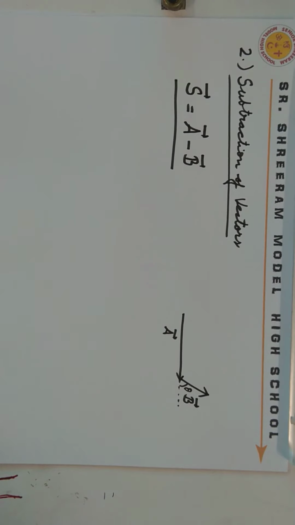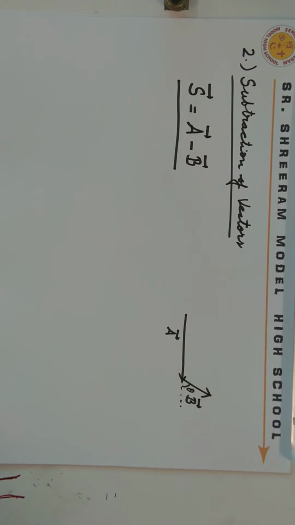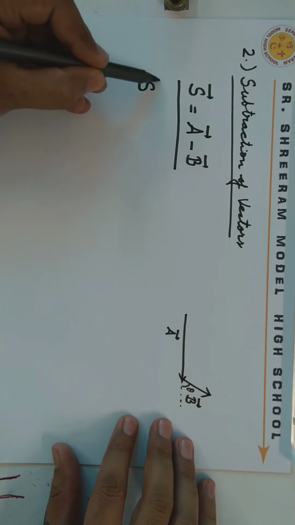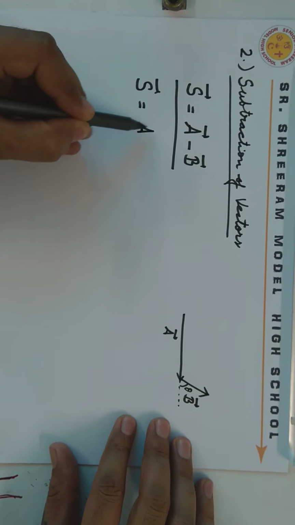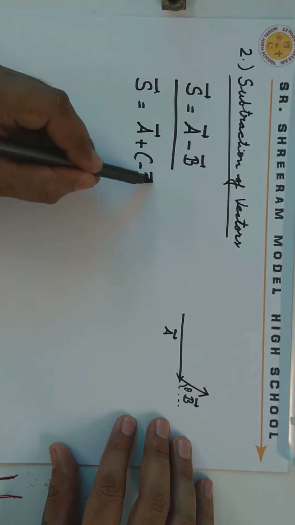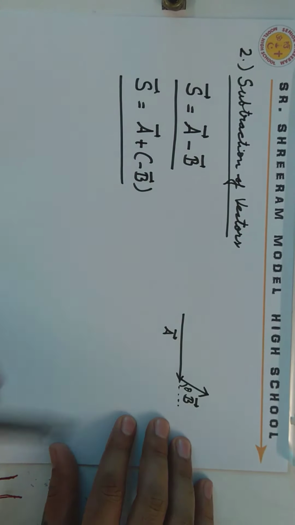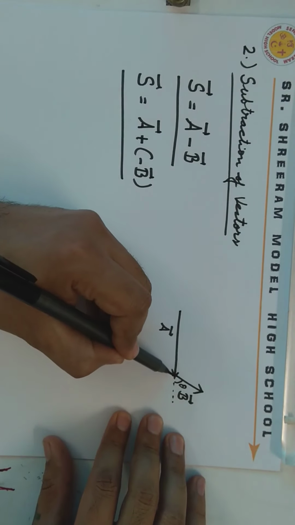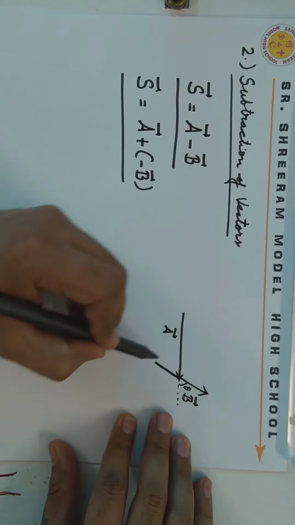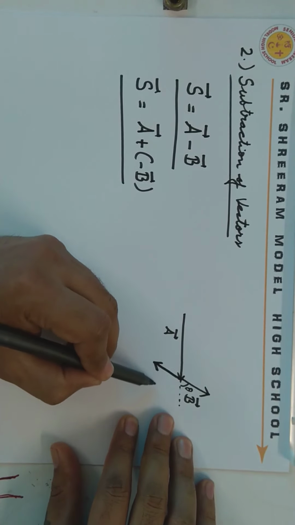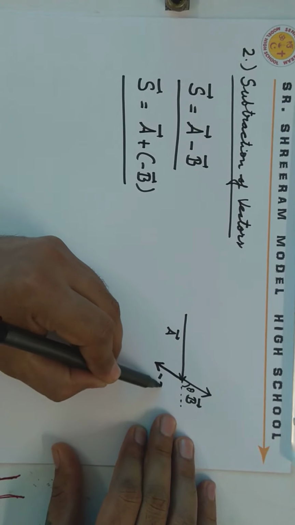We only know how to add two vectors. So what I do, I can add A vector with minus B vector. This is a clever thing. So what I need is a minus B vector. So I draw a vector equal to the magnitude of B but opposite in direction. This becomes minus B vector.